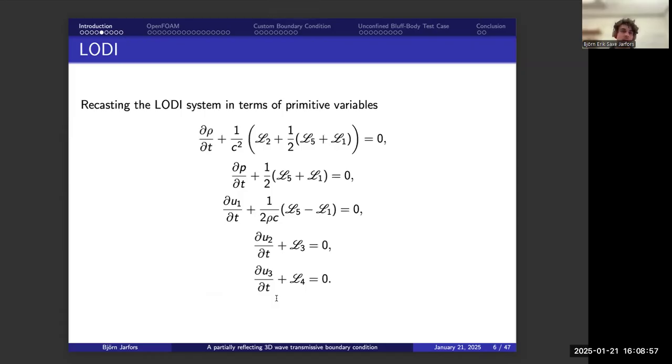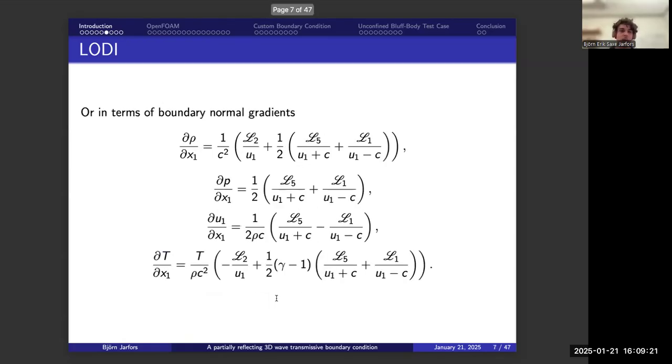And these equations we can recast in terms of primitive variables, so that it's more interpretable and easily implemented in a code where we're already transporting, for example, pressure, momentum, or velocity and density. And further, we can also move forward to talk about them in terms of boundary normal gradients.